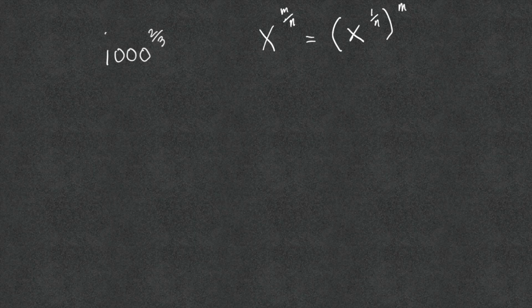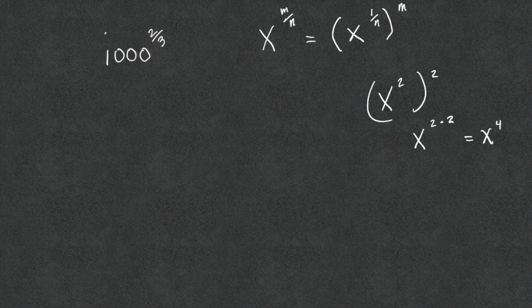Because when we are raising a value to a power, we are absolutely just multiplying those powers. Okay? So, here's my little thought. If I multiply 1 over n times m, I get m over n.